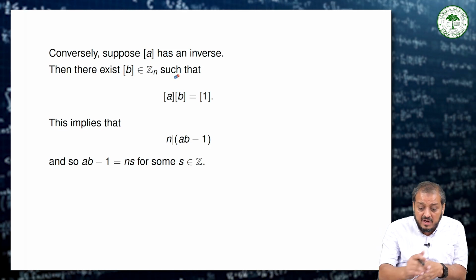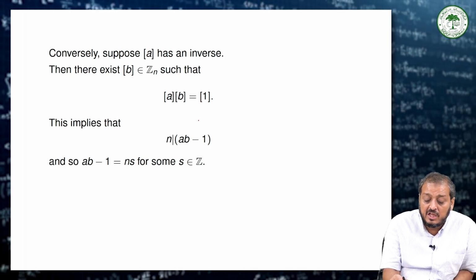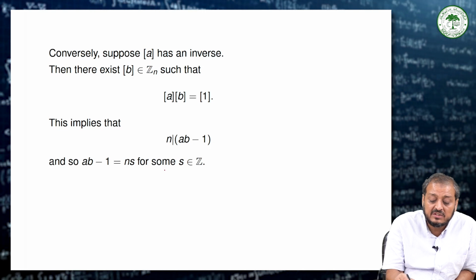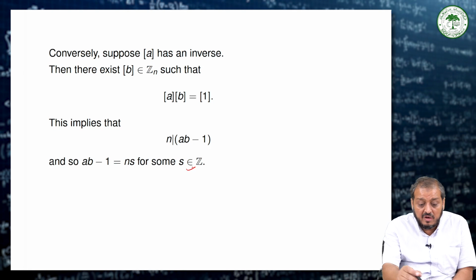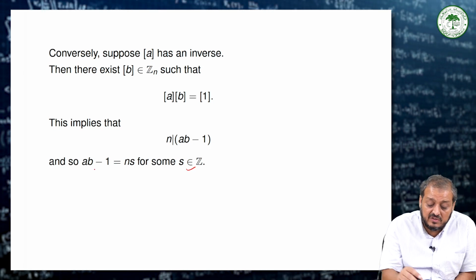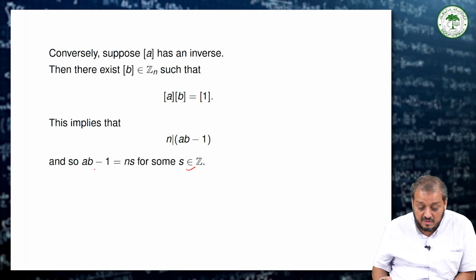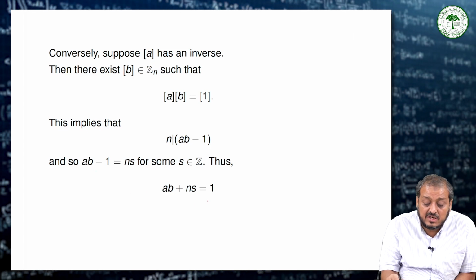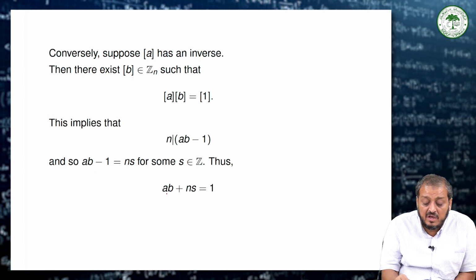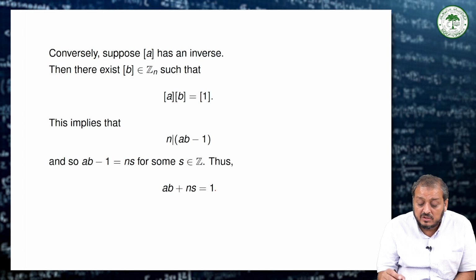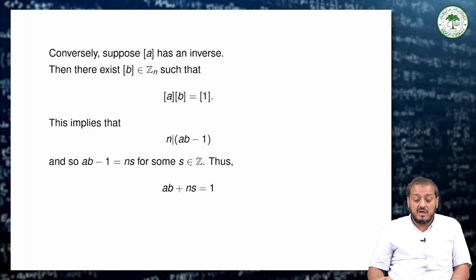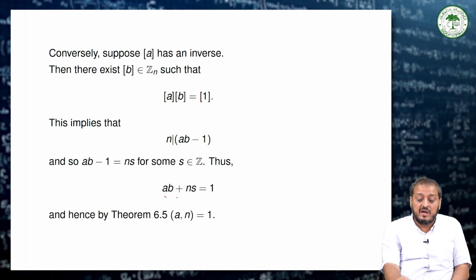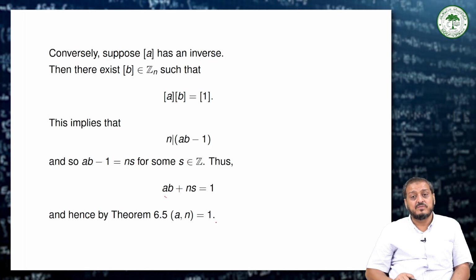If n divides ab minus 1, then ab minus 1 can be written as ns for some s, an element of Z. If ab minus 1 is equal to ns, then we can say that ab minus ns is equal to 1. So by the theorem again, a and n are relatively prime.